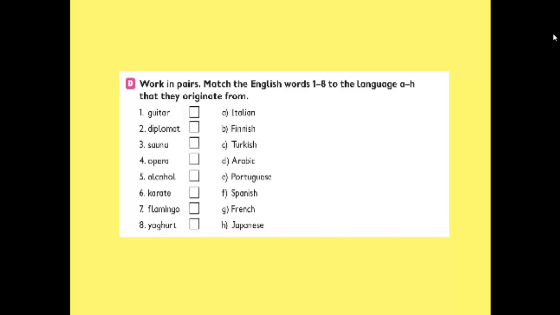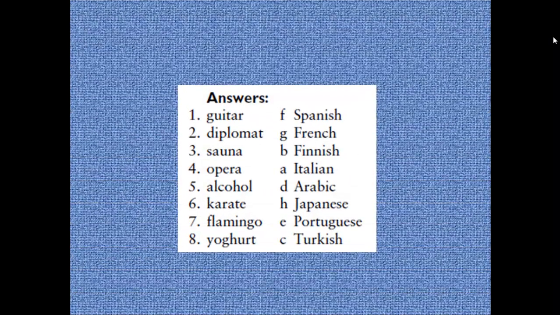Karate is Japanese. Flamingo is Portuguese. And yogurt is Turkish. So here you can find the answers and you can check your answers, my students.